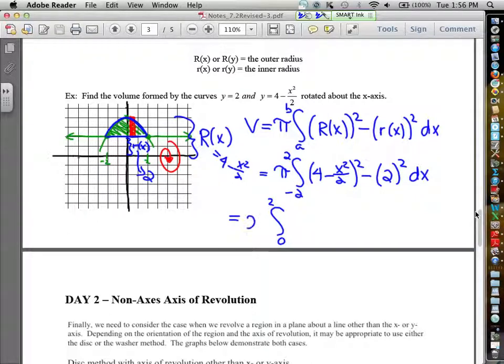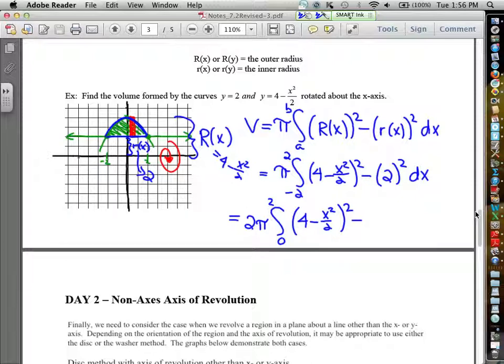Double it. So I can make it a 2 pi. Why would I want to bother to do that? It's easier to plug 0 in exactly for your bounds than it is to plug in some other value. You don't have to, especially if you're going to use the calculator. Doesn't matter if you plug in negative 2 for your lower limit or 0 for your lower limit. It's still going to give you that same value. All right, so I'm going to leave it this way since we said to do that.